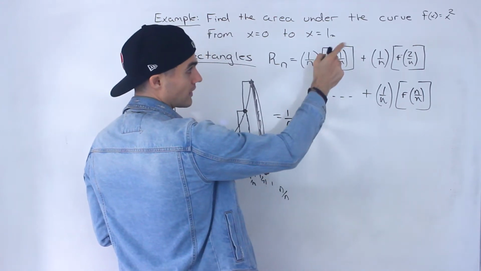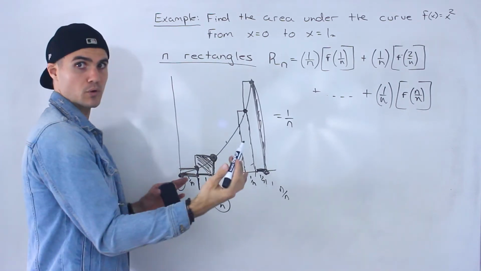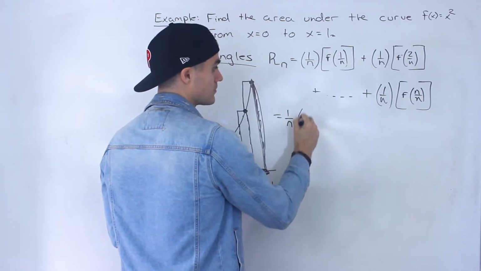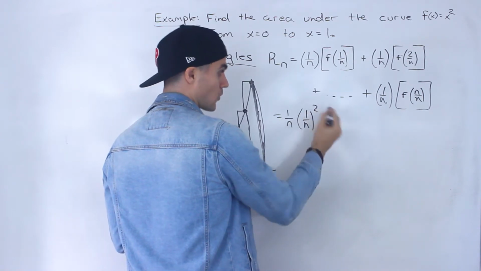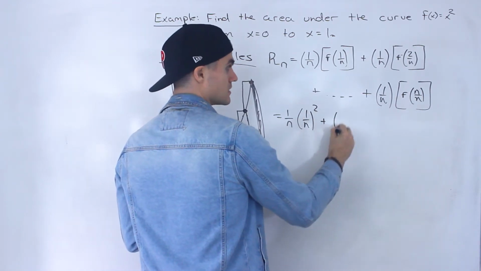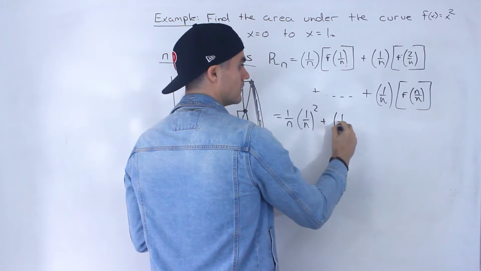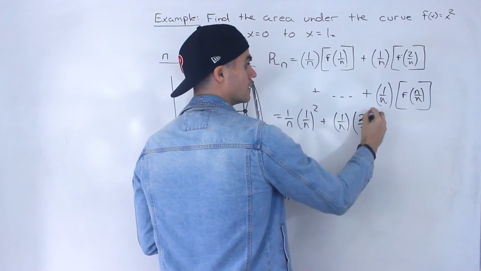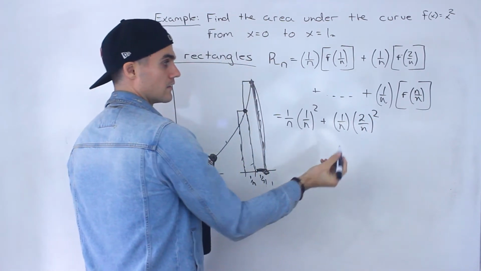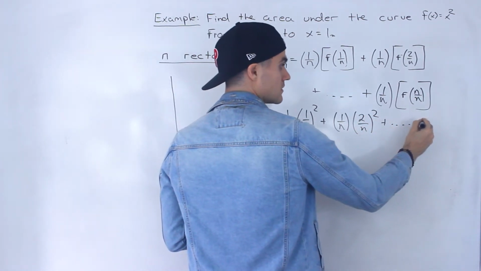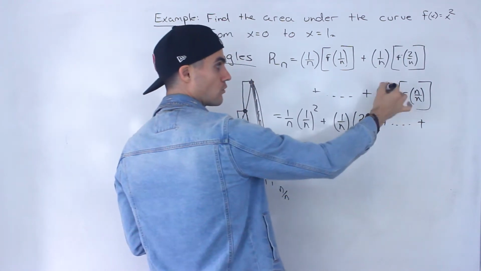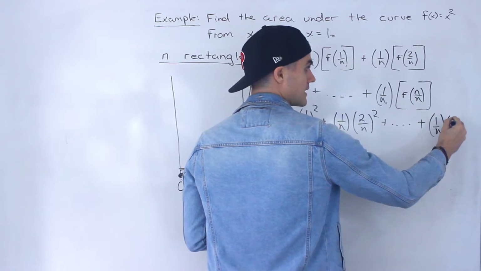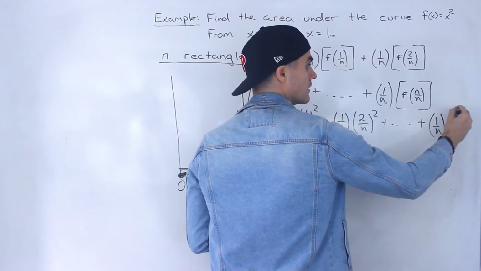is f of 1 over n, we can actually use the function we're working with. In this case, we're working with x squared. So f of 1 over n is going to be 1 over n squared plus 1 over n, and then this is going to be 2 over n squared. Plus, keep going with the pattern all the way till you get to the last rectangle, which is going to be n over n squared.